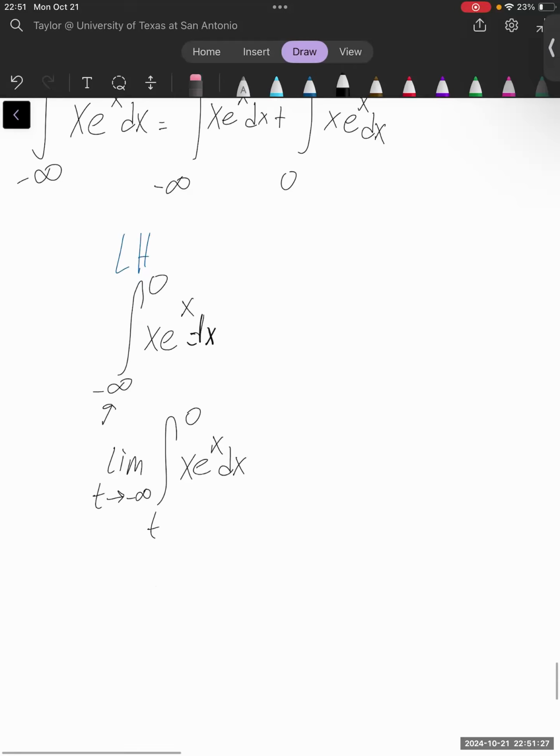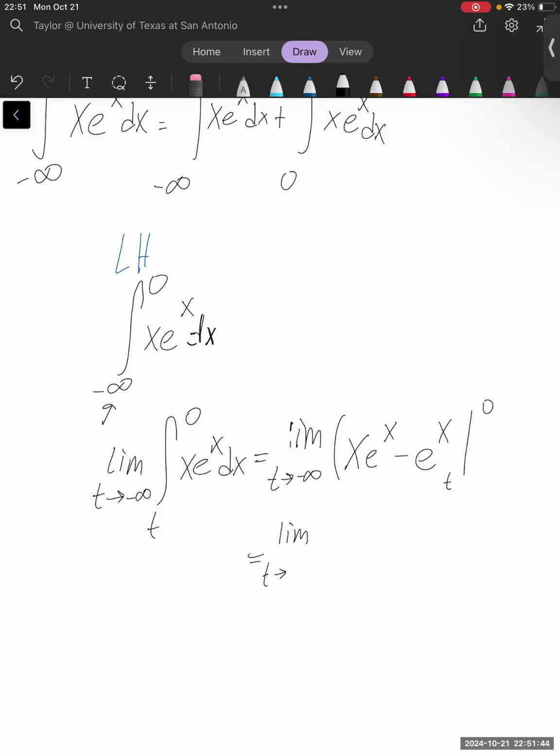And then here, by integration by parts, this gives us the limit as t approaches negative infinity of x e to the x minus e to the x on the bounds from t to 0.